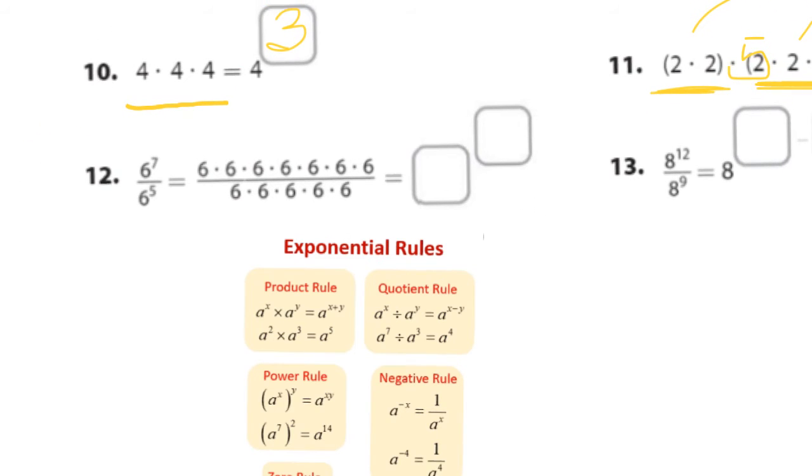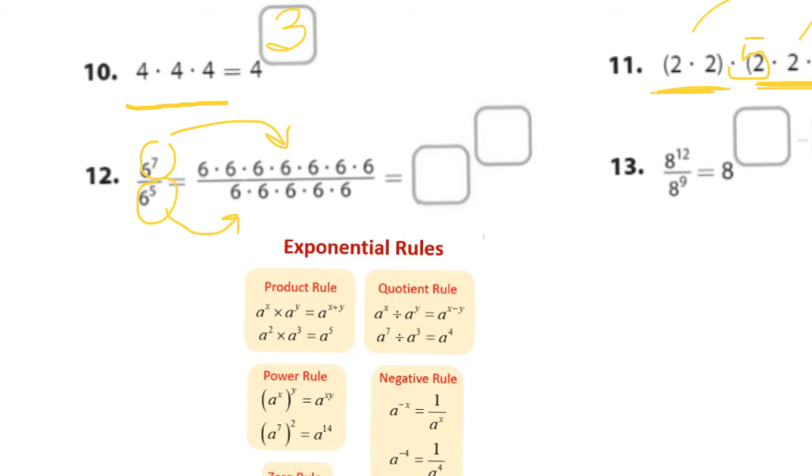So I'm still using my exponential rules. Let's go to number 12. So on problem number 12, we take 6 to the 7th power, and they wrote out all 7 of those 6's. Then 6 to the 5th power, they wrote out all 5 of those 6's. And they want you to simplify it. Well, if I look at my rules of when I'm dividing, the quotient rules, it tells me to subtract the exponents.